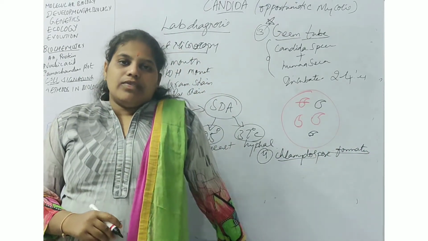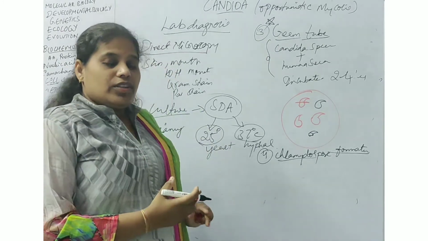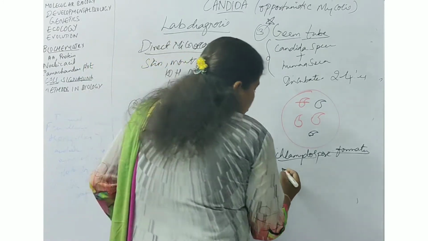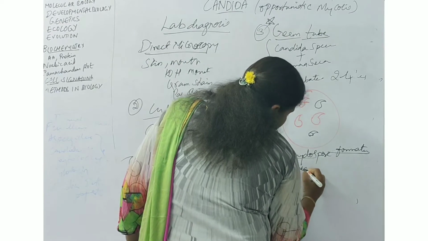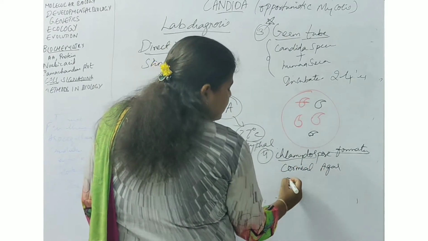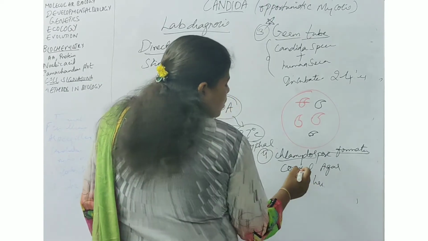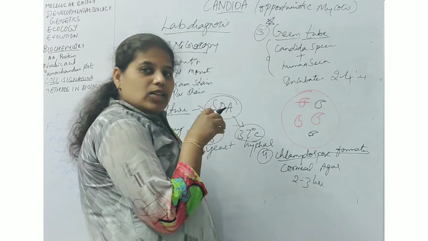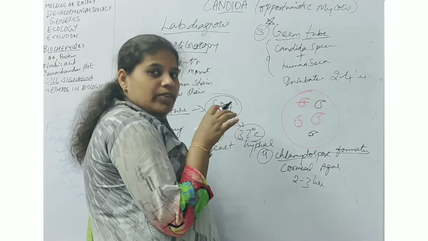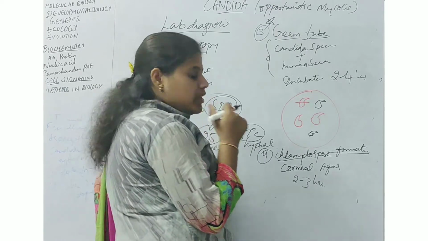For chlamydospore formation, we culture the fungi on corn meal agar. After growing the colonies on the corn meal agar, we incubate for 2 to 3 hours, and next we observe under the microscope.